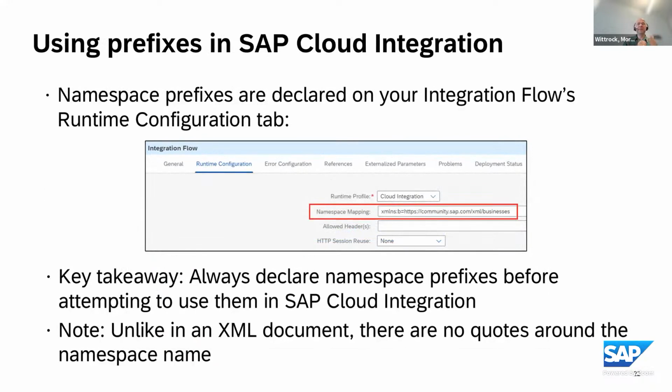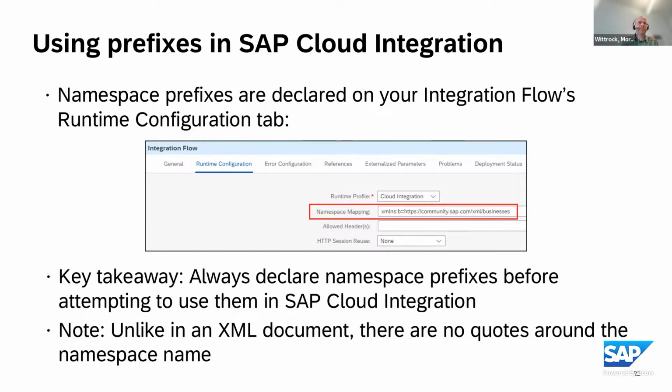So how do you use them in Cloud Integration? You need to declare your namespaces and their prefixes on the Runtime Configuration tab of your integration flow. The key takeaway here is to always do that before attempting to use them in Cloud Integration, because if you have a document with NS0:something, you cannot use that prefix until it's declared.